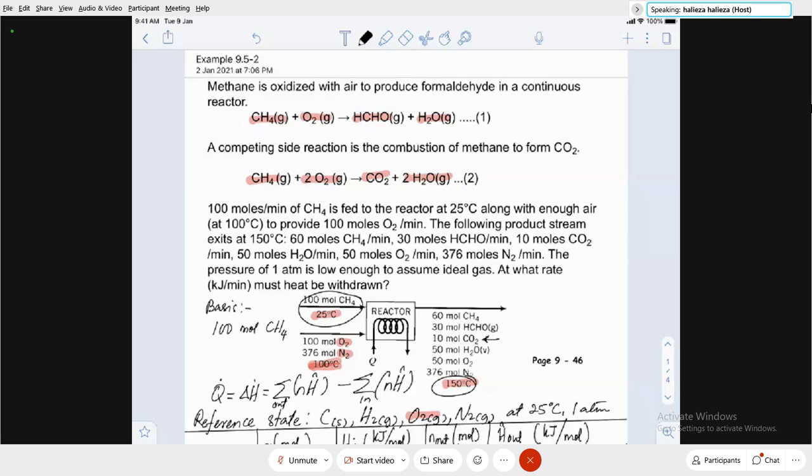In the heat of reaction method, you need to have the heat of reaction for the first equation and the second equation. You need to find the extent of reaction for number 1 and for number 2. If you're using the heat of reaction method, let me write the final equation.